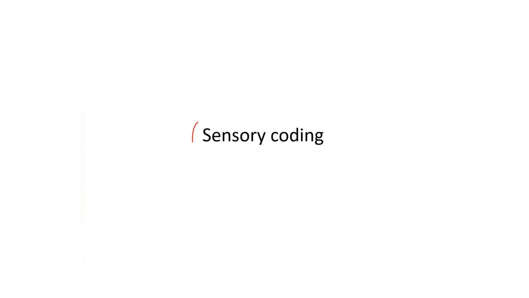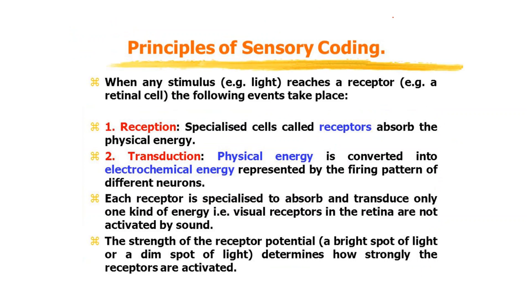Okay, so now the last part of today's presentation, we're going to talk about sensory coding. And when we talk about sensory coding, there are several principles we have to keep in mind. When a stimulus reaches a receptor, there are several events that happen. First of all, there is a reception of the signal.